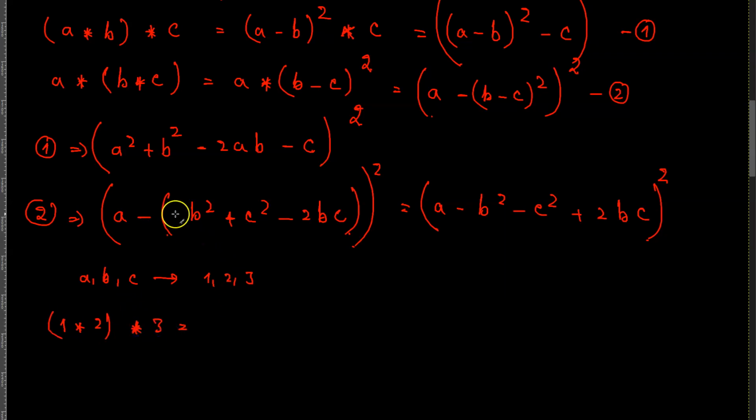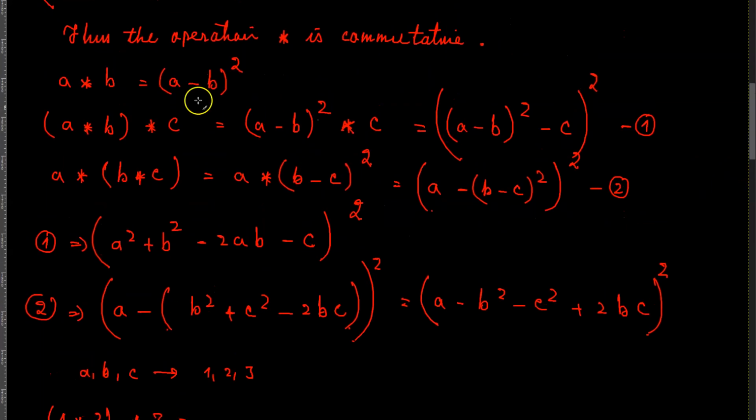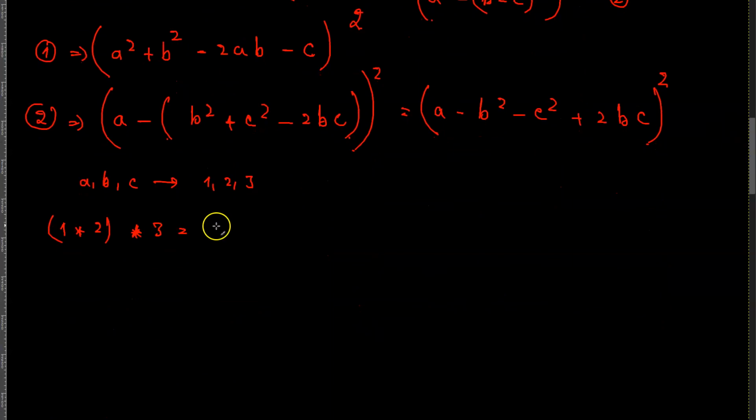We said that A star B is equal to A minus B whole squared, right? So that is 1 minus 2 whole squared star 3, which is equal to negative 1 squared is equal to 1 and then star 3. And so 1 star 3 is again 1 minus 3 whole squared, which is equal to negative 2 squared, which is equal to 4.